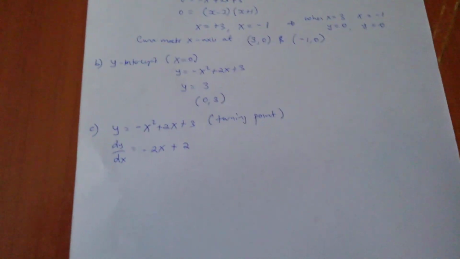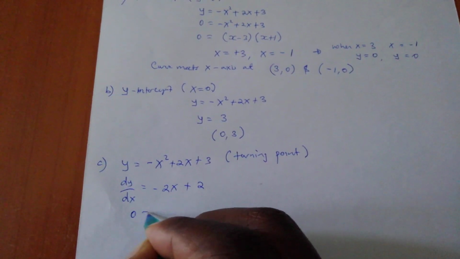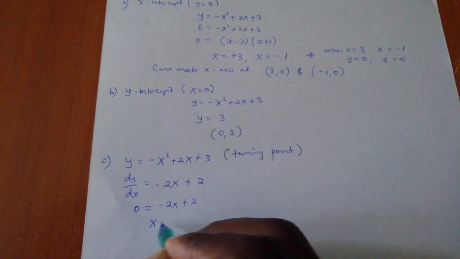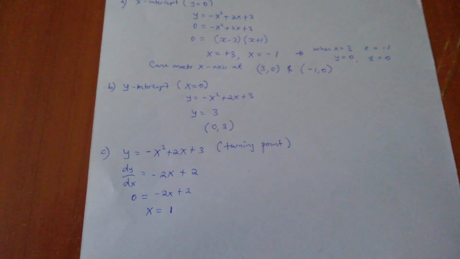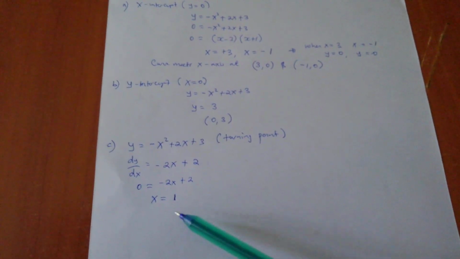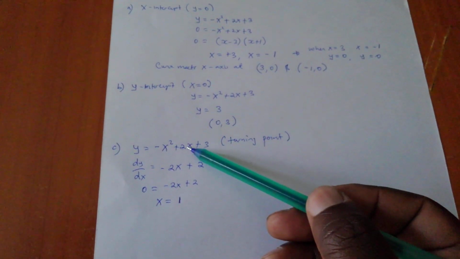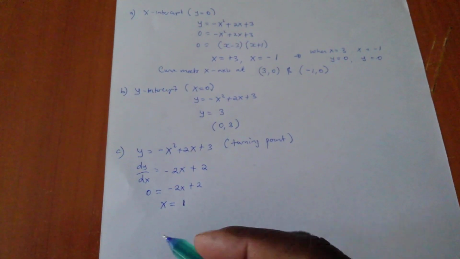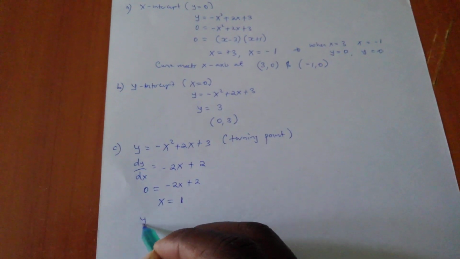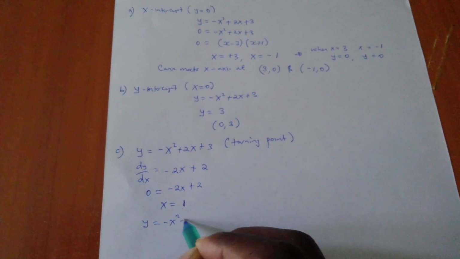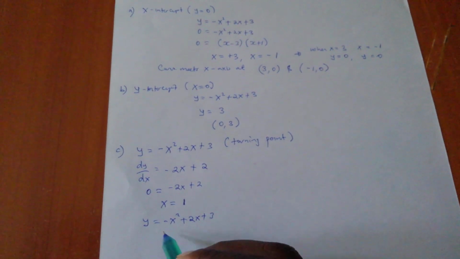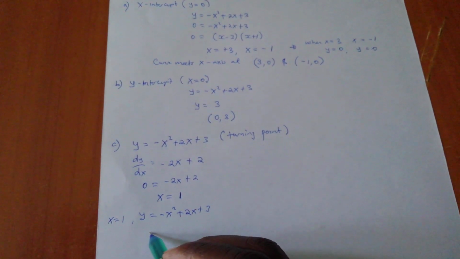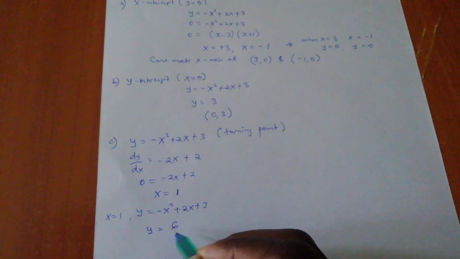So in here I'm getting the turning point, part C. If I equate 0 to what I have here, I'll get my x as 1. Putting this value into the original expression, putting x as 1, I'll be able to get my y as 6.